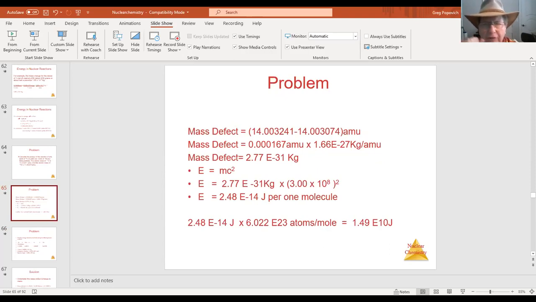Multiply that by 3 times 10 to the 8th squared. This gives me 2.48 e to the minus 14th joules per 1 molecule. If I multiply that by the number of atoms in 1 mole, I get 1.49 e to the 10th joules.